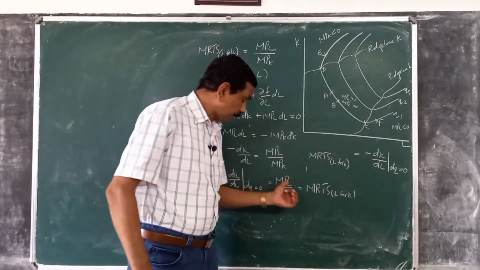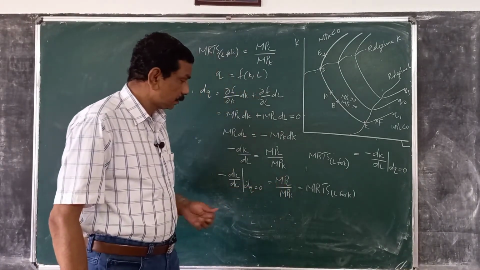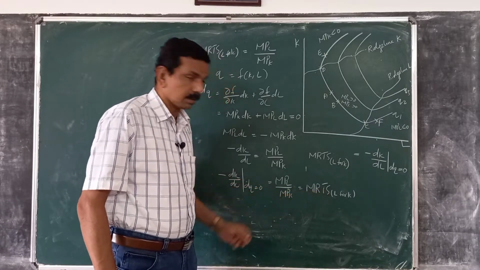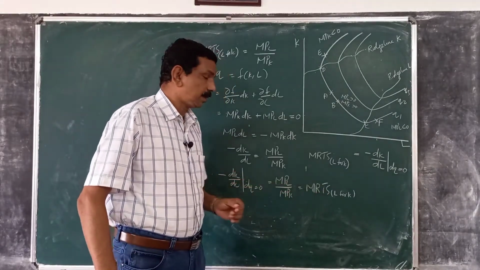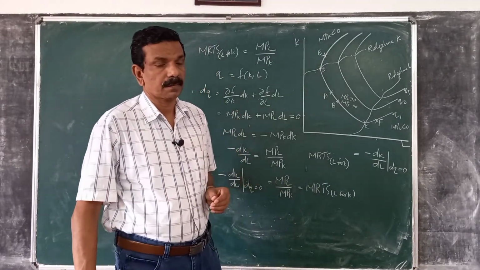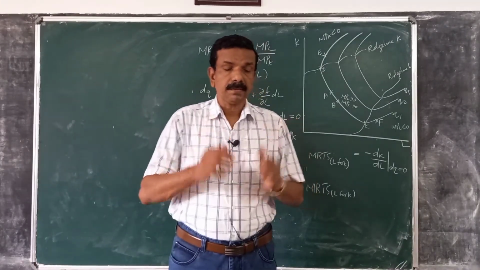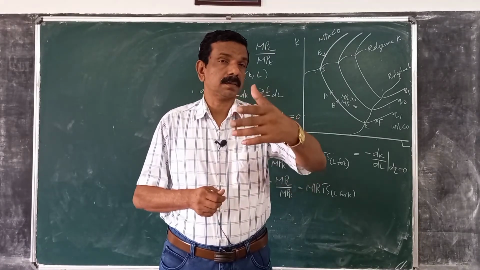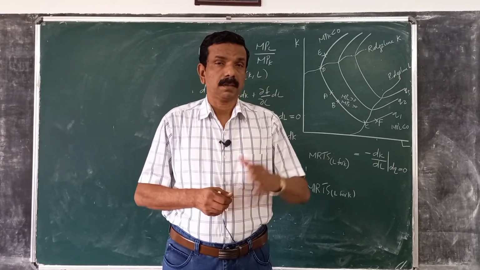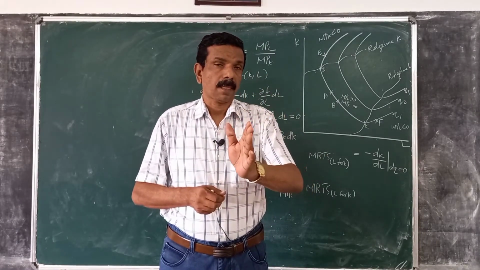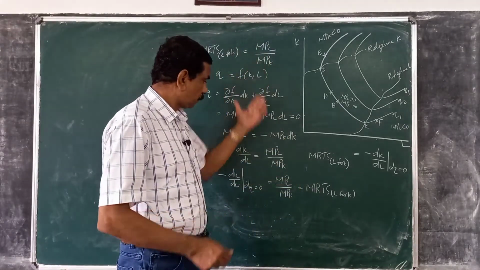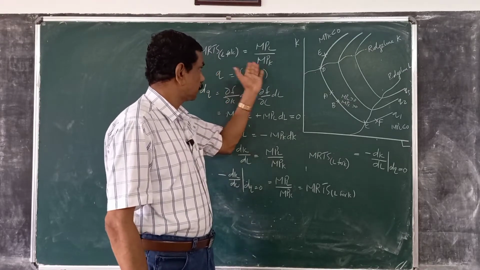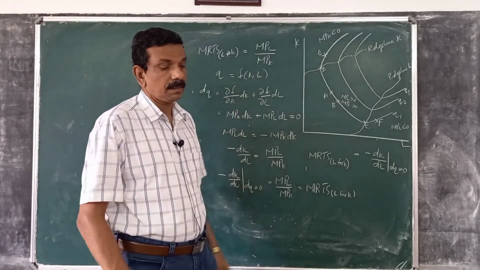So MPL and MPK are positive numbers, so MRTS is positive, and hence the slope of the isoquant is negative. This is the formal proof that MRTS L for K is equal to MPL by MPK.